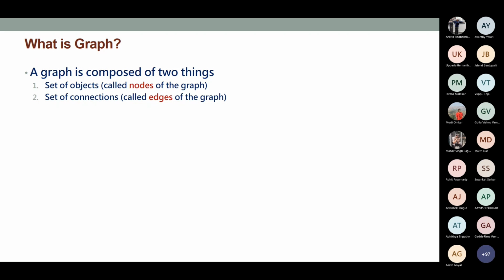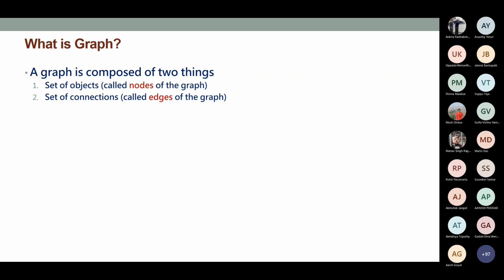Everything that we have discussed so far can be modeled using a graph structure. In a graph structure, there are two main things: a set of objects and a set of connections. The objects are called the nodes in the graph, and the connections are called the edges. This is the technical terminology for graphs.